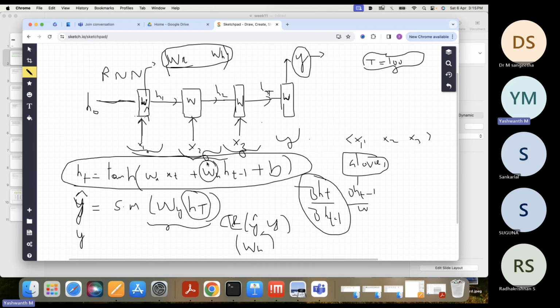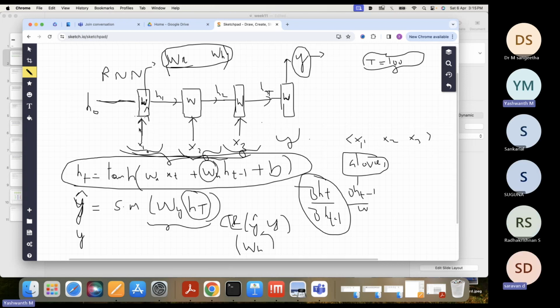So if this W is very small, you don't have these dependencies. Basically, your output is agnostic to the initial part of the input, because information is lost by the time you come back to that point.